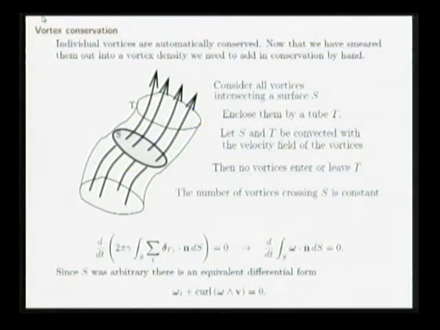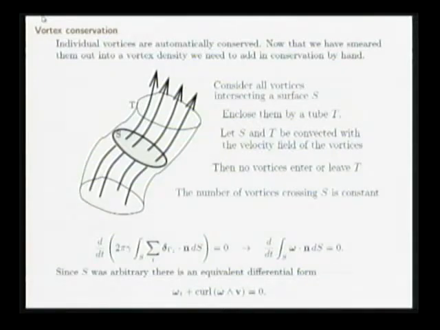And then I look at all the filaments which intersect that surface. And then just to make it really clear, I can even put the tube around them all. And then if I convect this tube and this surface with the same velocity field that the filaments are being convected with, then I'm not going to get any vortices going in or out of the tube. So the number of vortices in the tube is going to be constant.